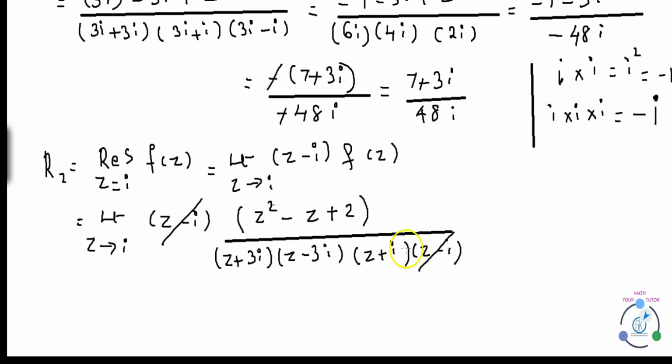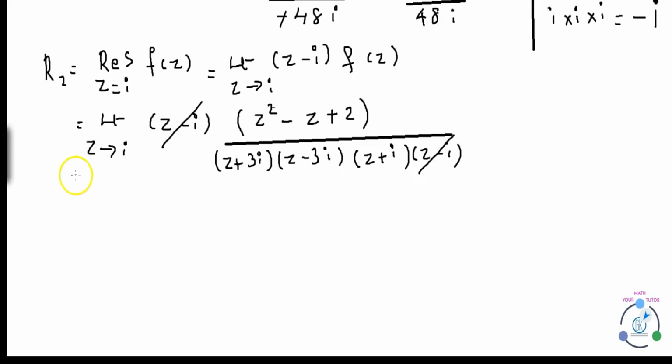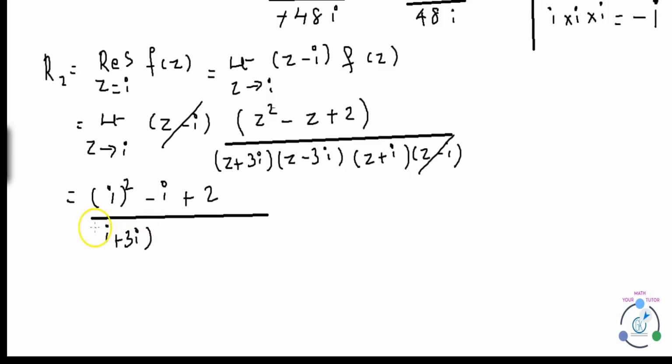Cancelling the z minus i terms and substituting z is equal to i in the remaining terms: z square becomes i square, z becomes i, plus 2, by z plus 3i becomes i plus 3i, z minus 3i becomes i minus 3i, and z plus i becomes i plus i.